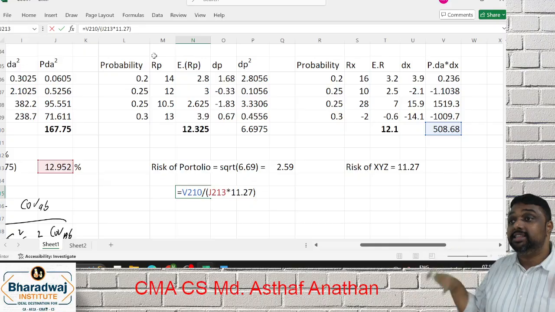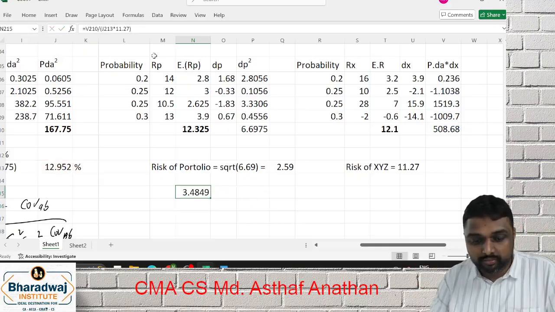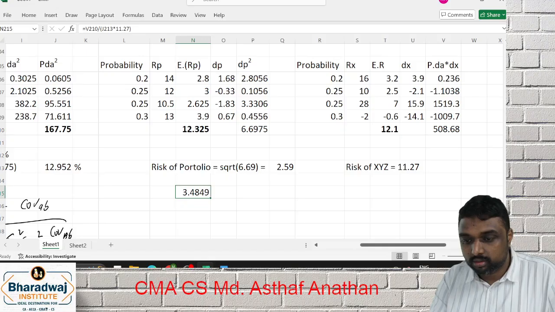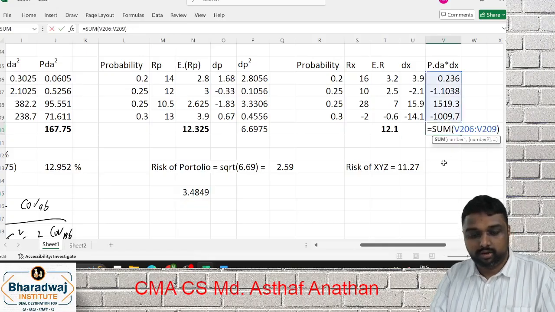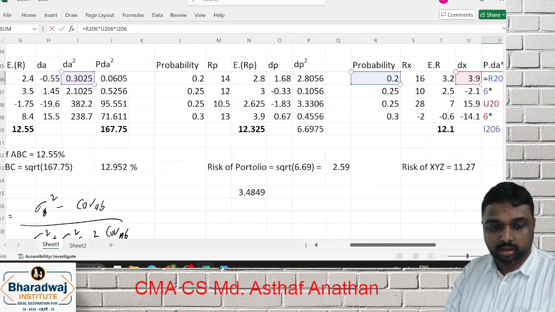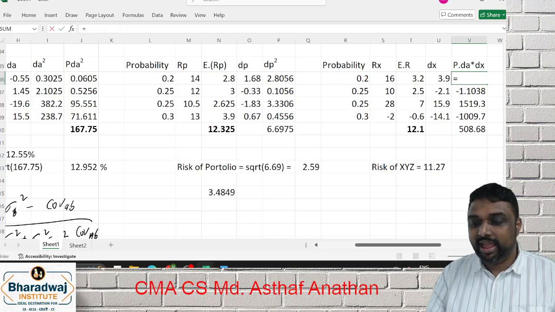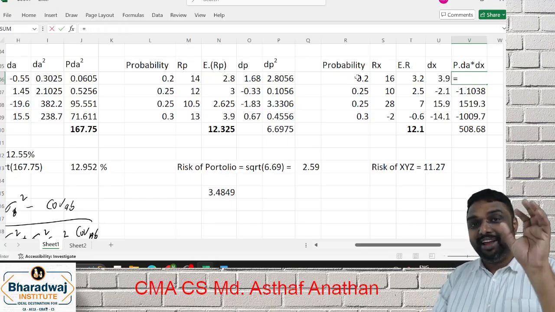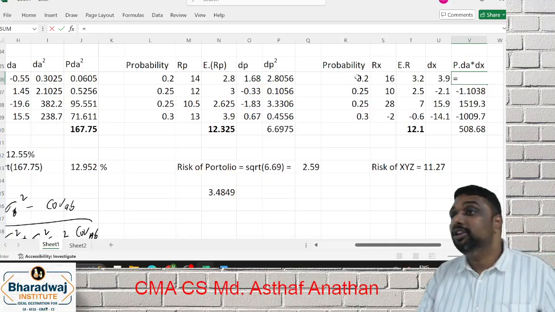Now, just for your understanding, we are doing the correlation concept also. Here what happened when I took the Excel: wherever you make a mistake, there is also a shortcut for you to check whether you got it wrong or not.